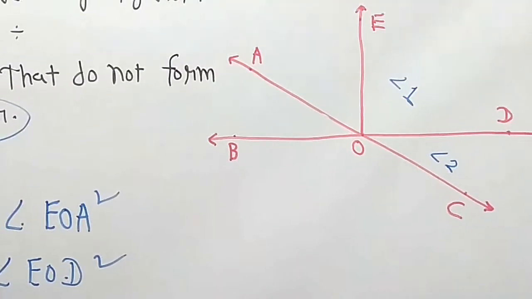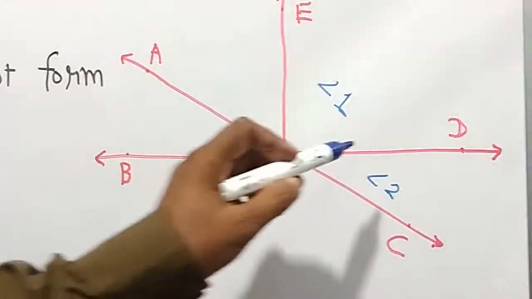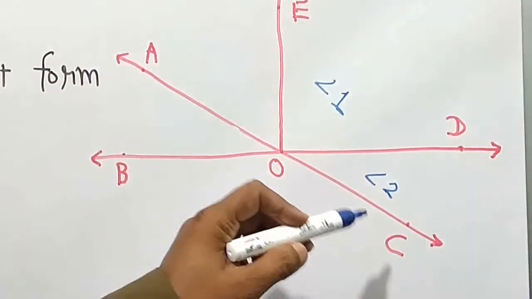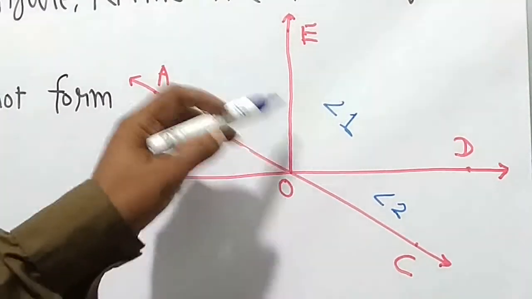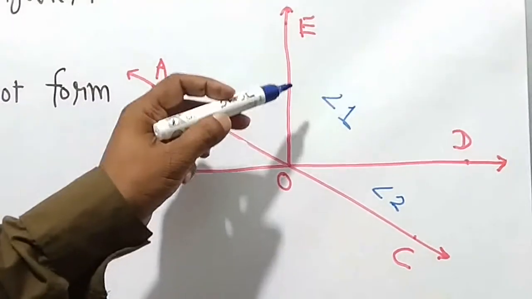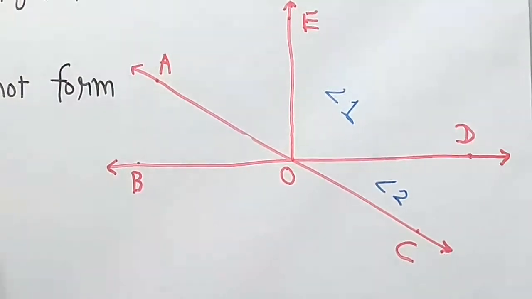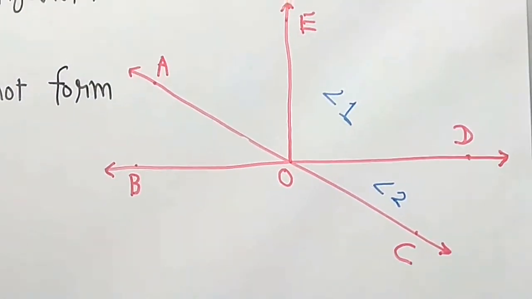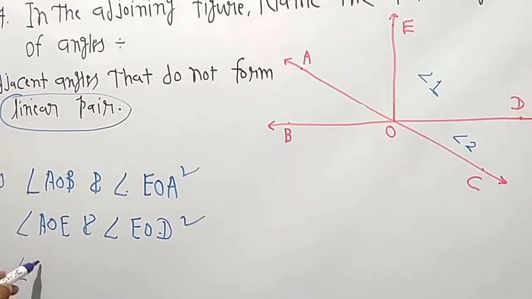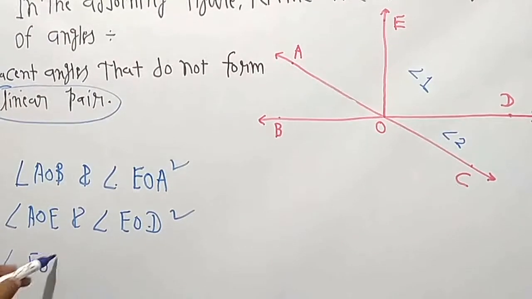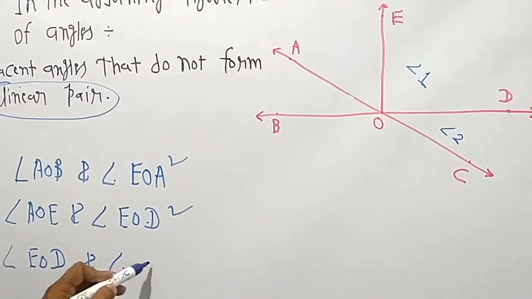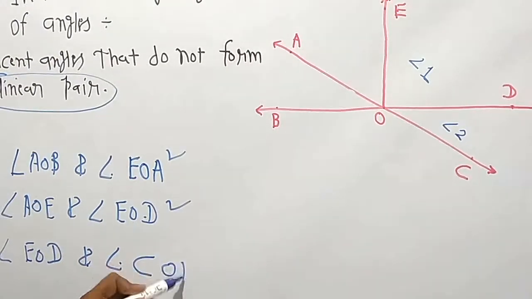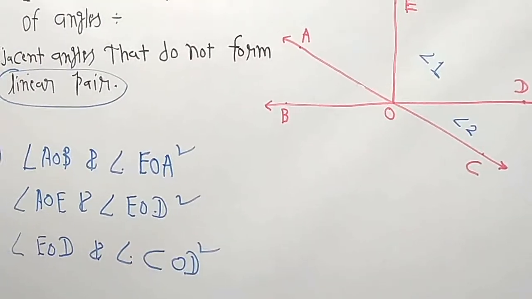But for a linear pair, these two non-common arms are not opposite rays. So these two do not form a linear pair. So what is the next pair? That is angle EOD and angle COD. This is our third pair.